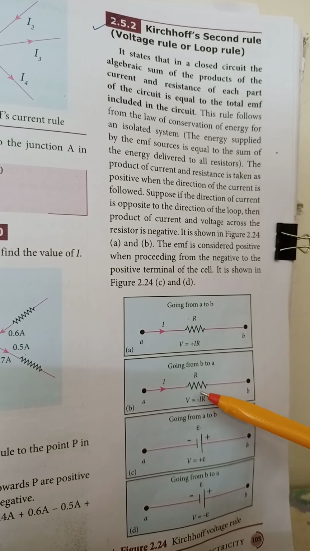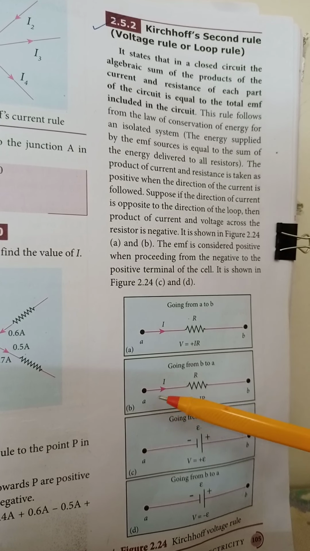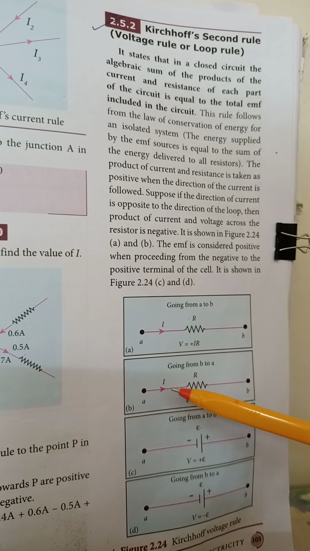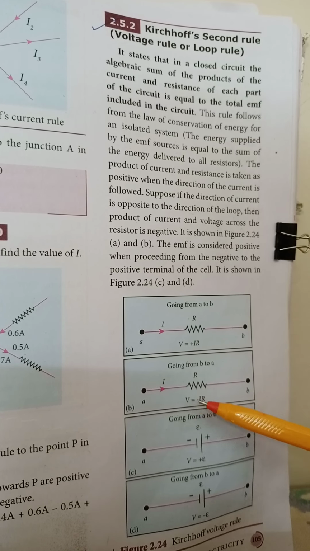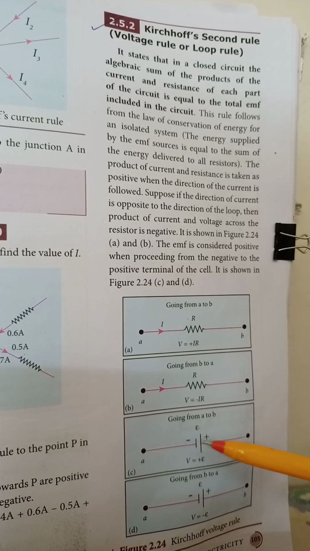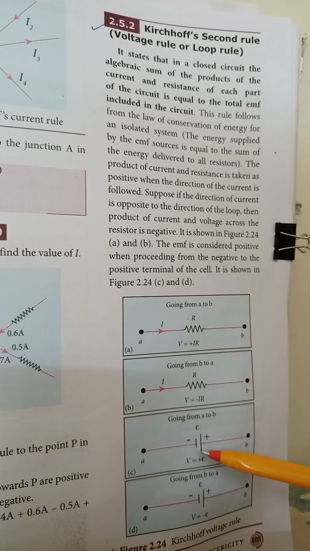In the second diagram, if you take the loop direction from B to A and the current direction is from A to B, since the loop direction and current direction are opposite, I have to write V is equal to minus IR. The next one, the sign for the EMF: in the battery the current flows from negative to positive.